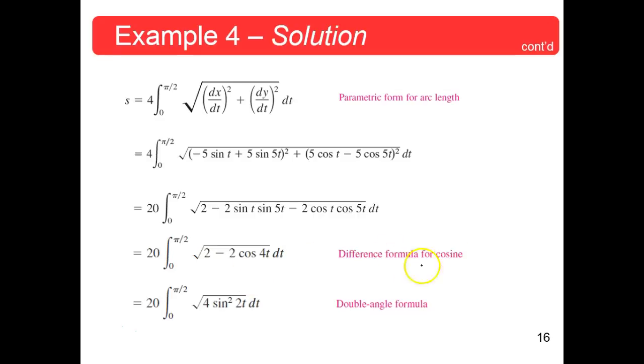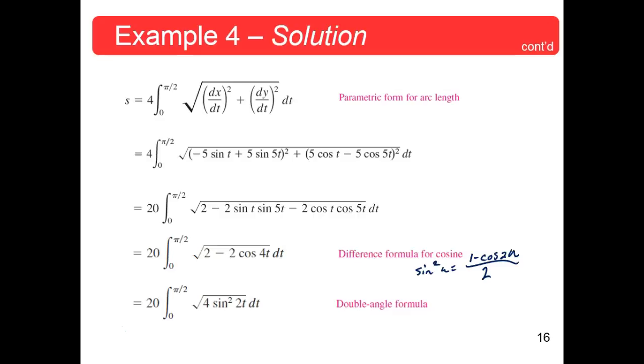Sine squared u is equal to 1 minus cosine 2u over 2, I think it is. Yeah, over 2. This is the reason they kept the 2 in there, for this very thing.